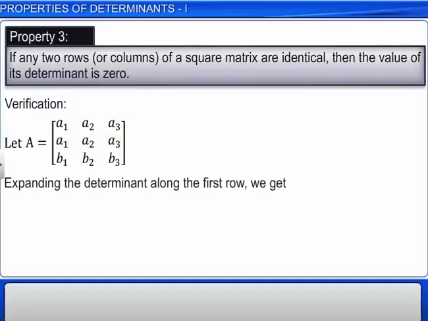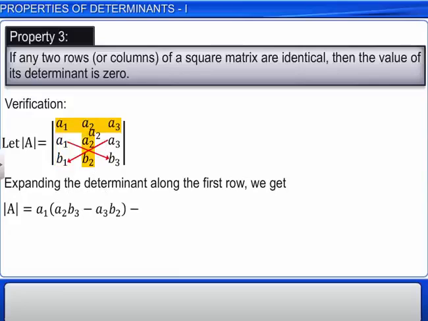Expanding the determinant of matrix A along the first row, we get A1 times of A2 B3 minus A3 B2, minus A2 times of A1 B3 minus A3 B1, plus A3 times of A1 B2 minus A2 B1.